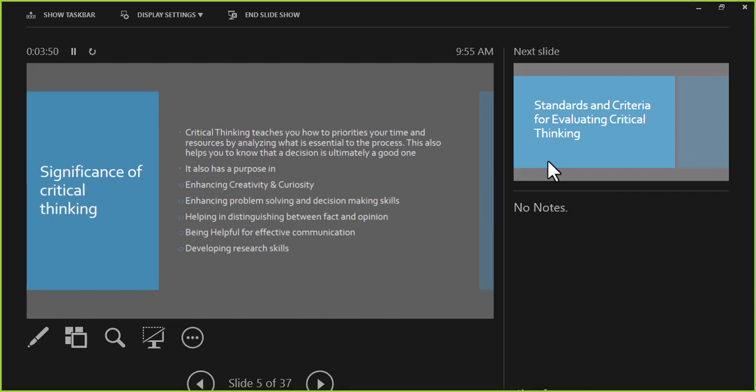Not only that, it enhances creativity and curiosity. It helps enhance problem solving and decision-making skills. It also helps in distinguishing facts and opinions. It also develops research skills and positive thinking. It also helps in the development of career as well as professions, and helps for effective communication.